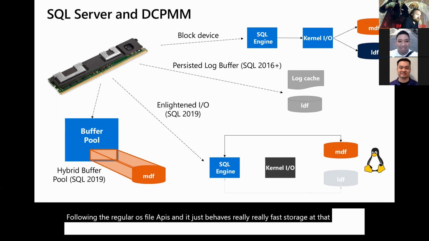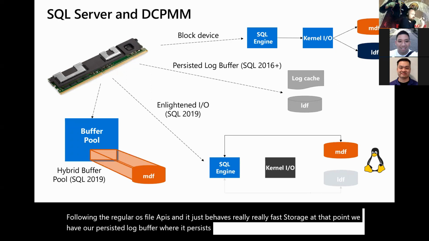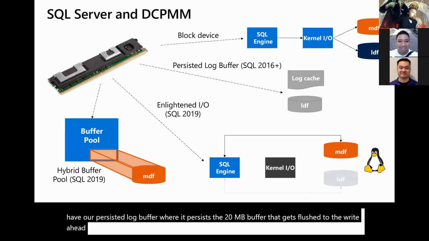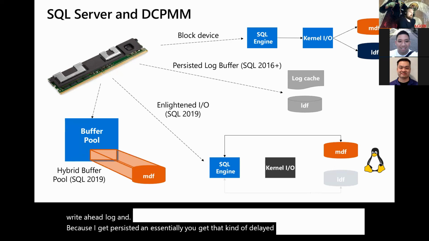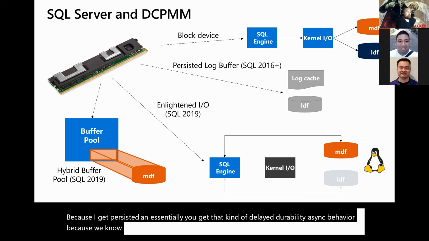We have our persisted log buffer, where it persists the 20 megabyte buffer that gets flushed to the write ahead log, and because that gets persisted, essentially you get that kind of delayed durability async behavior, because we know that as soon as we write to the buffer, it's durable.